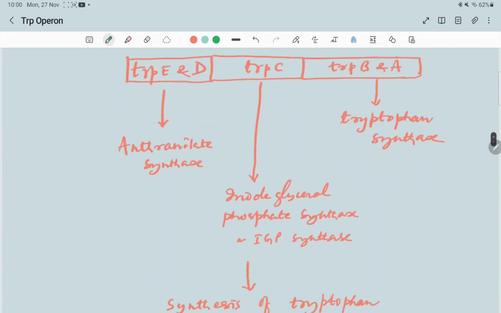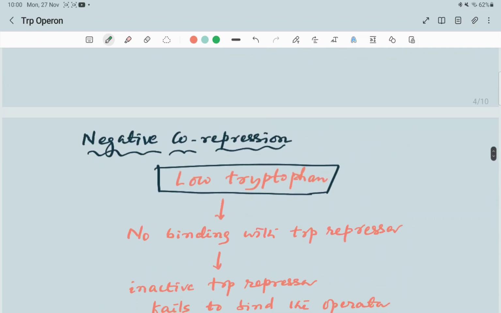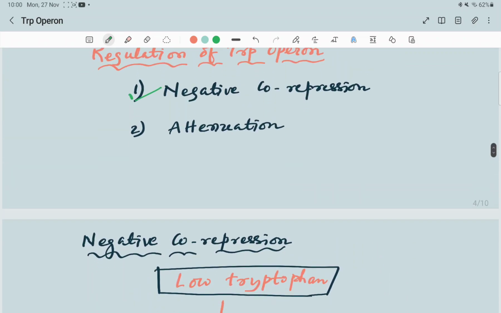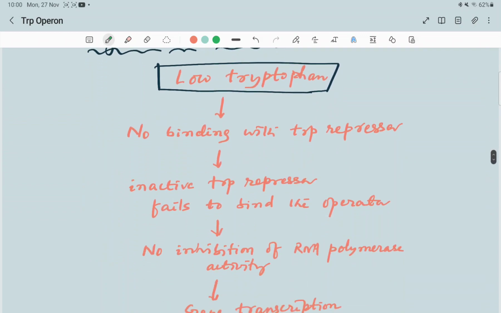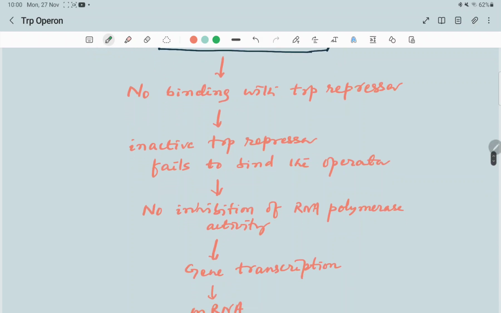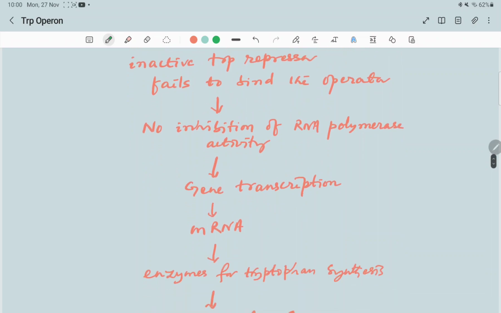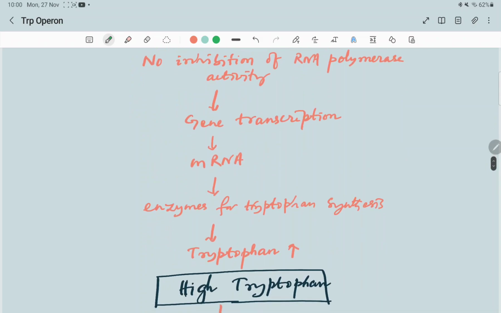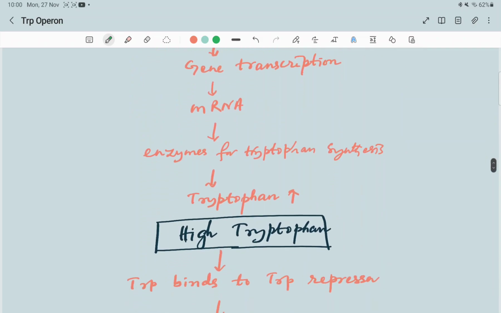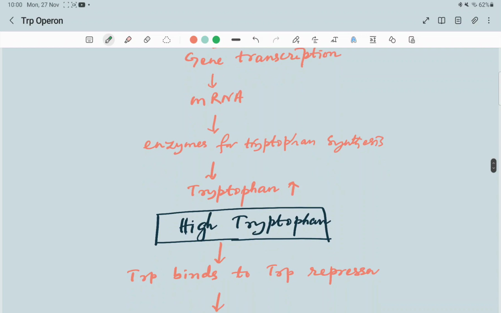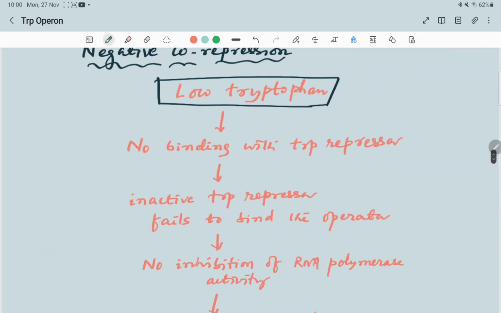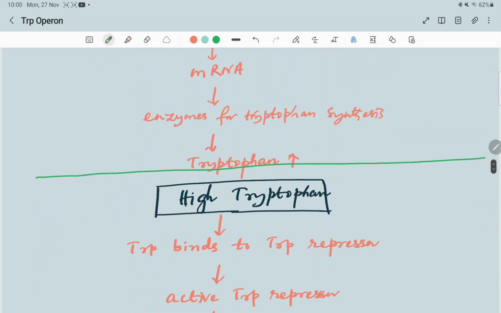So you can see that. Negative co-repression: low tryptophan, no binding with TRP repressor, inactive TRP repressor, so it fails to bind to the operator, so there will be no inhibition of RNA polymerase activity, gene transcription occurs, messenger RNA is produced, enzymes for tryptophan synthesis occur, tryptophan increases. So when there is low tryptophan, there will be an increase in tryptophan.